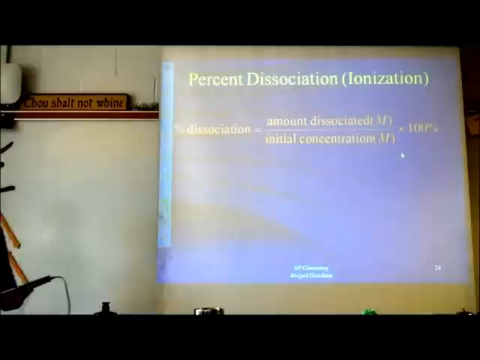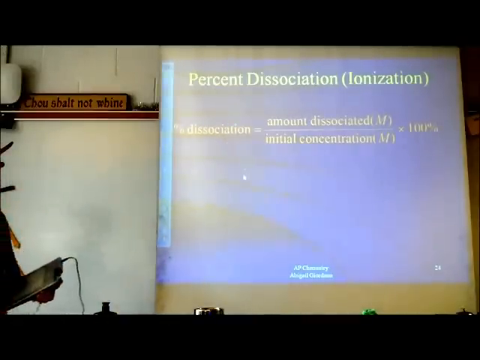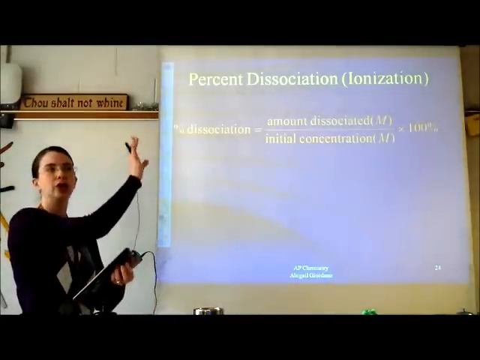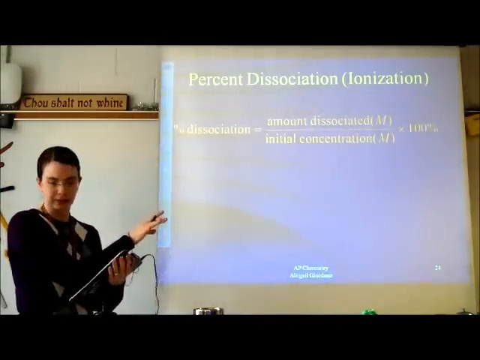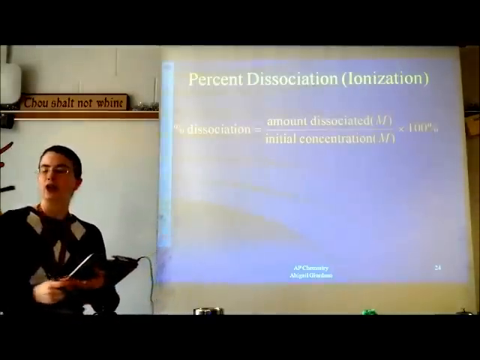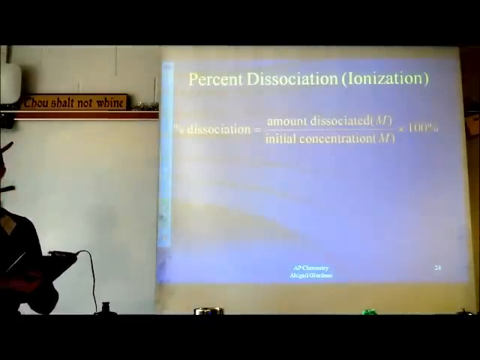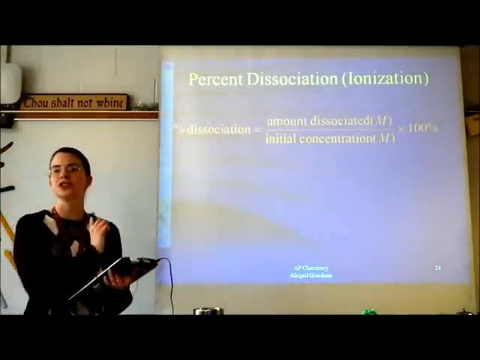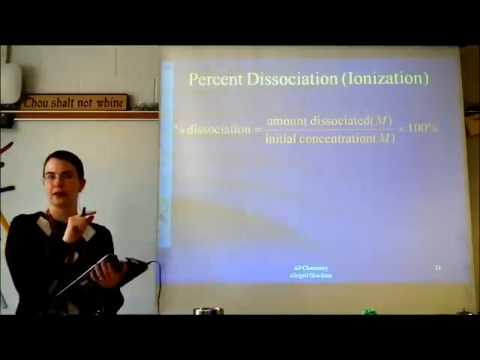Okay? This looks a lot wordier than it really needs to be. If you look at the weak acid problems that we did last class, if you look underneath the ICE tables, you should see that you ultimately found a value for X. X was that intersection point on the graph.